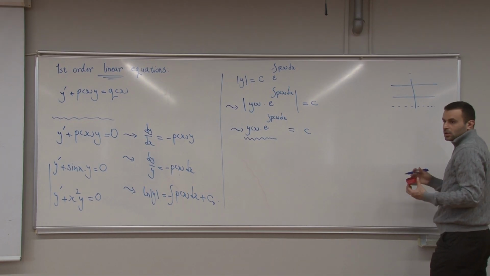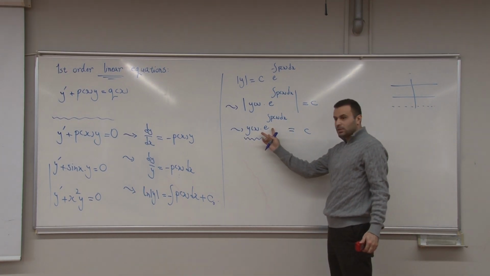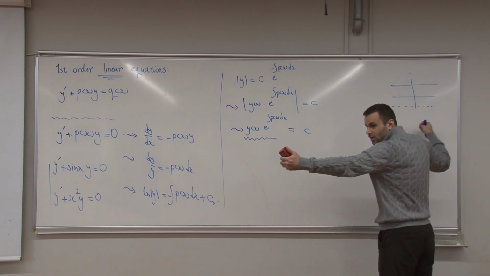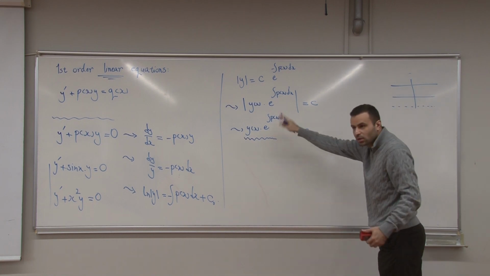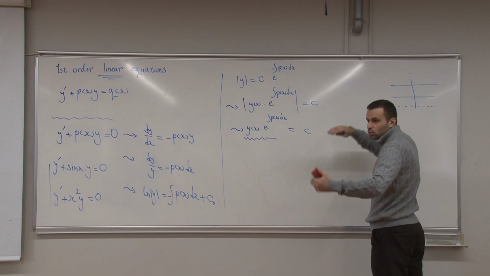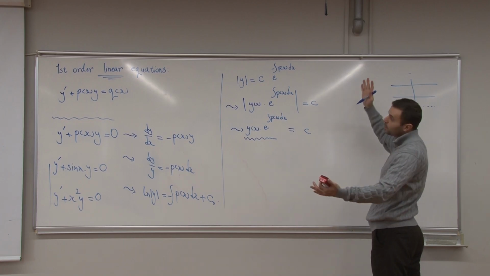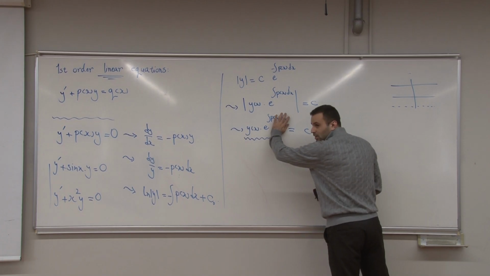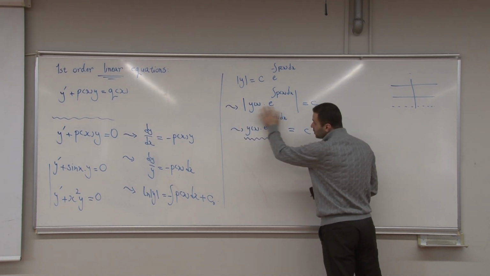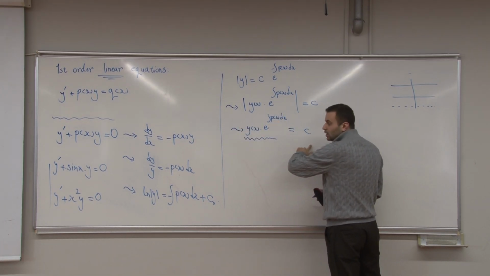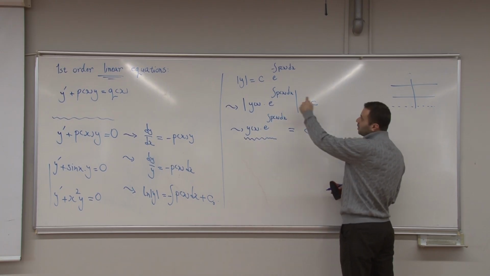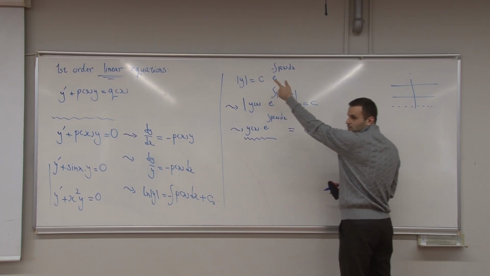Yes, but the multiplication of two functions being a constant doesn't mean that those functions are constant. It can be x and 1 divided by x. If you draw x and draw 1 over x, you will see completely different things. So this is not a constant, this is not a constant. When they are multiplied, they are a constant. Which gives us y of x is equal to c times e to the power of this.